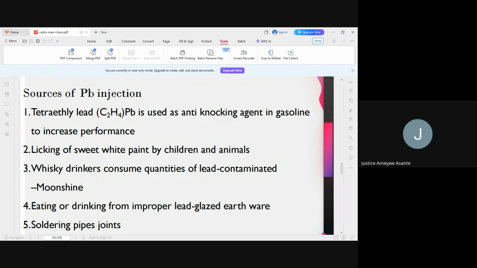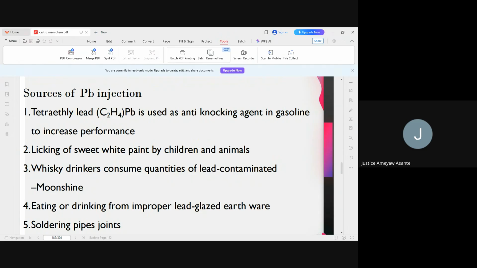If that petrol contains the anti-knocking agent, that is tetraethyl lead, when you use your raw hands to touch it or you suck it into your mouth, you are ingesting lead into your system.